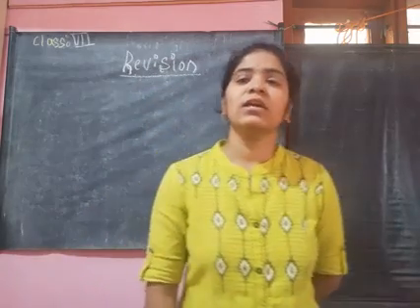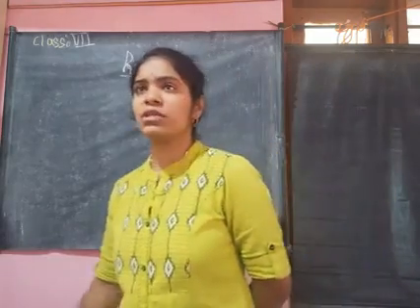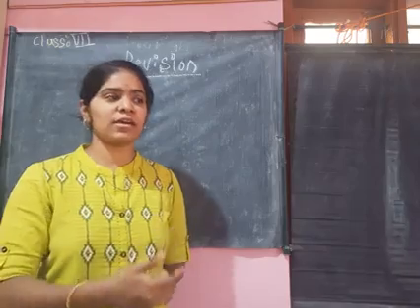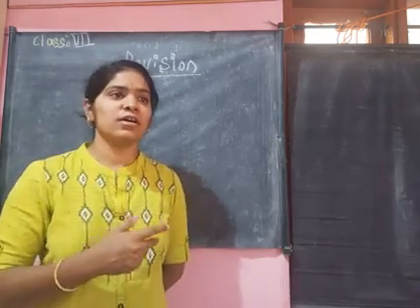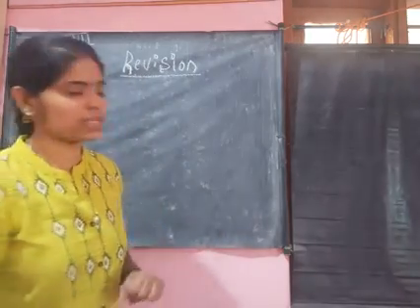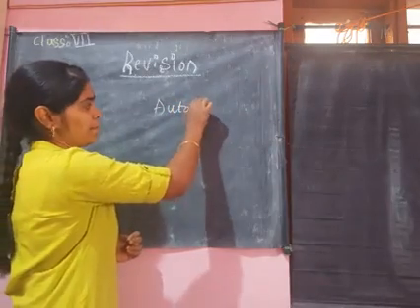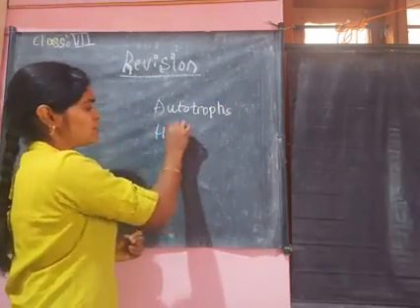Firstly, the mode of nutrition. What is the mode of nutrition? It means how the plants take energy to get their nutrients. There are 2 types of modes, as I told: first one is autotrophs, and the next one is heterotrophs.